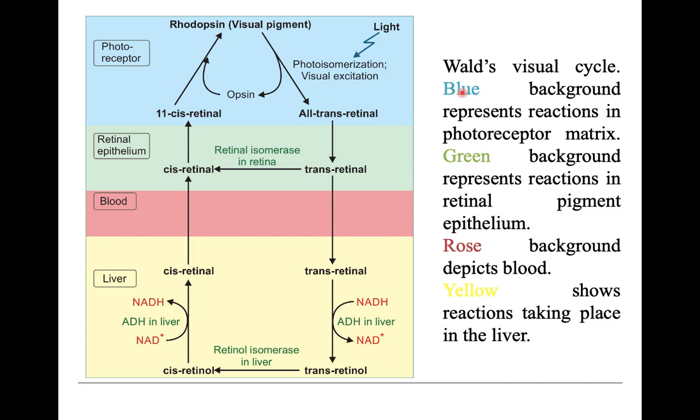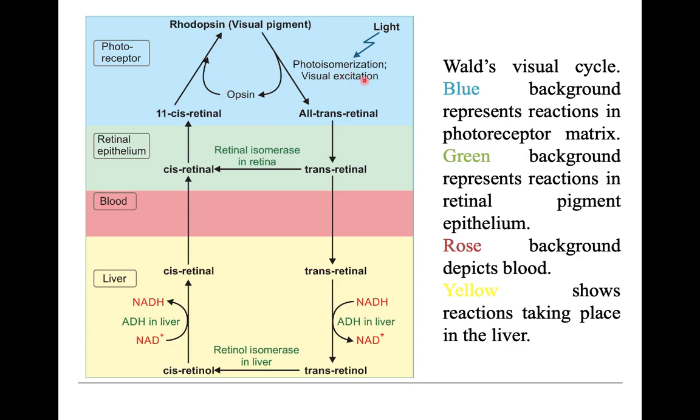So this is the Wald visual cycle, or the visual cycle, showing how the vision process takes place. If we see biochemically what happens here, the rhodopsin, which is the visual pigment, is made up of opsin and 11-cis retinal. Once light is available, the light will break down this rhodopsin into opsin.